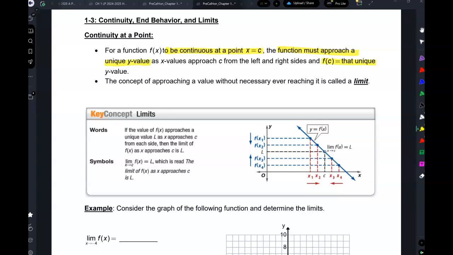And so in calculus, this concept of approaching a value, not necessarily equaling a value, is very, very important. And we call that a limit, right? That's the concept of approaching a value without necessarily ever reaching it.